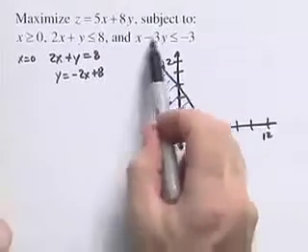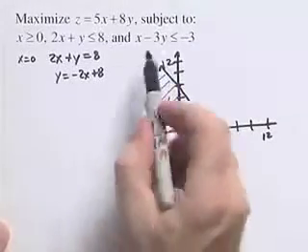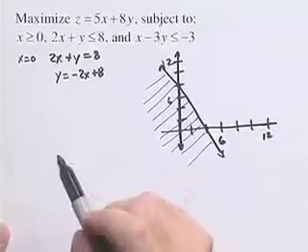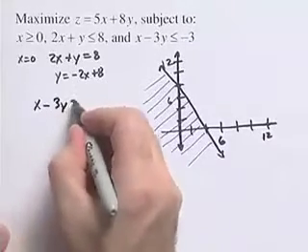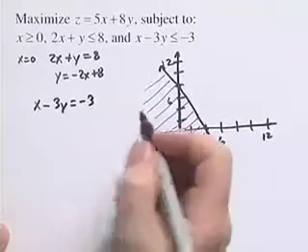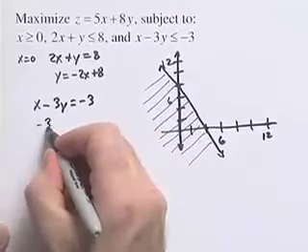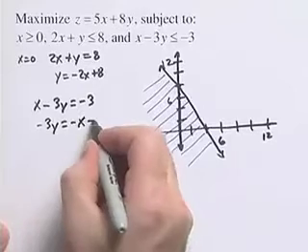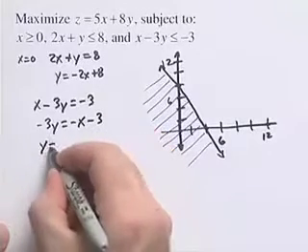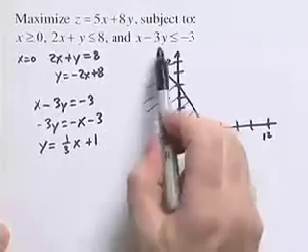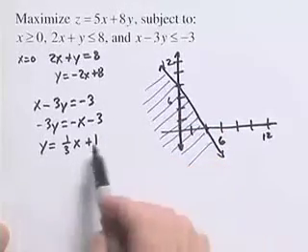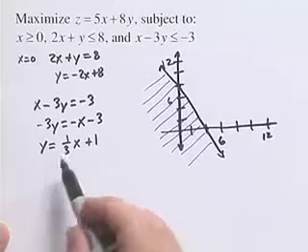Next, we're going to look at our last inequality constraint. We have x minus 3y is less than or equal to negative 3. We consider that as an equation, x minus 3y equals negative 3. Again, we're going to solve for y. Negative 3y equals negative x minus 3. Y is equal to 1/3 x plus 1. Inequality is non-strict, so we're going to graph this line with a solid line. We need a couple of points again.